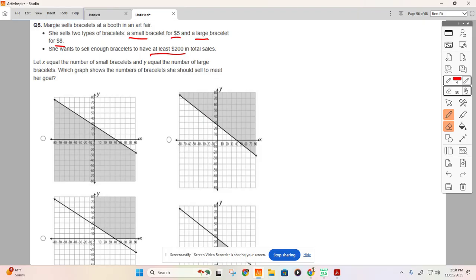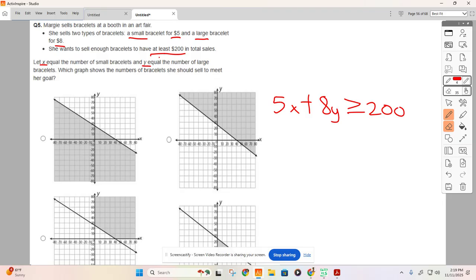Let X equal the number of small bracelets, and Y the number of large bracelets. So if each small one is $5, it'll be 5 times the number of small bracelets. We're adding to that the large bracelets, which are $8 times Y. I want this to be at least 200, so this amount needs to be greater than or equal to 200.